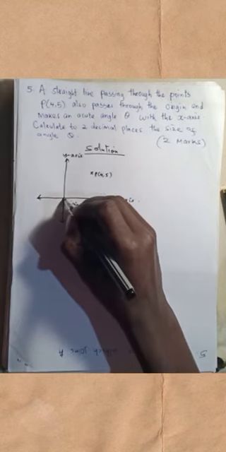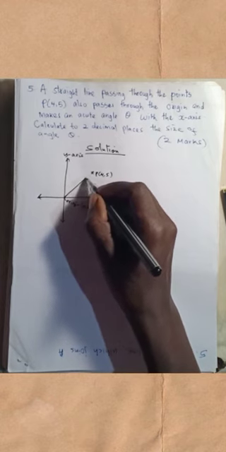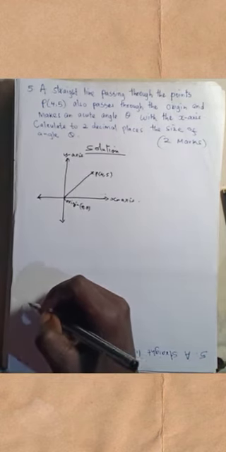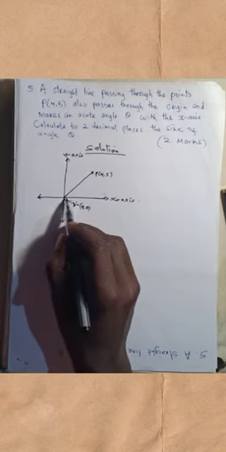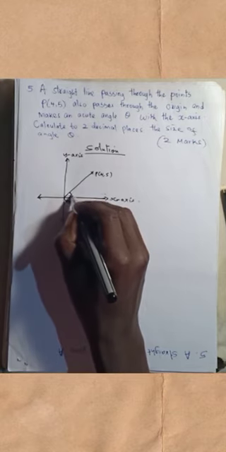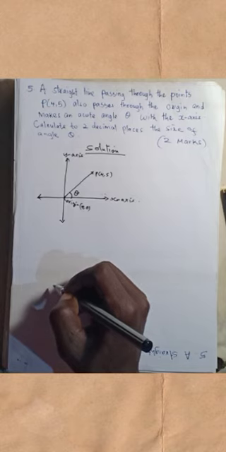So we join the line through the origin to the point P. That is the line. And it makes an acute angle with the x-axis. This is the acute angle that the line is making with the x-axis. So then, how are we going to find the size of the acute angle?